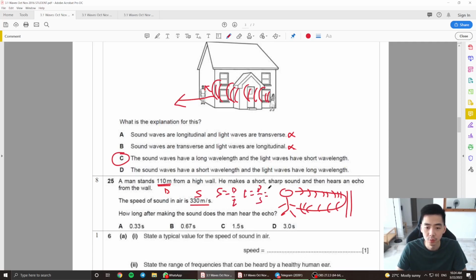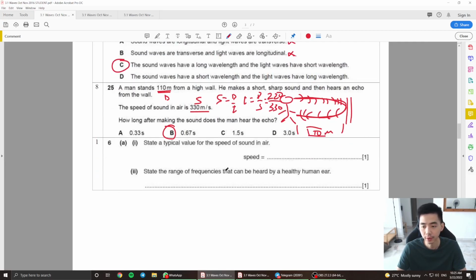The distance should be 220 divided by the speed, which is 330. If you press that in your calculator, you're definitely going to get 0.67. You have to understand the concept that sound travels and comes back like this. So even though here the distance is 110 meters, it has to travel 220 meters for him to hear the echo, right?